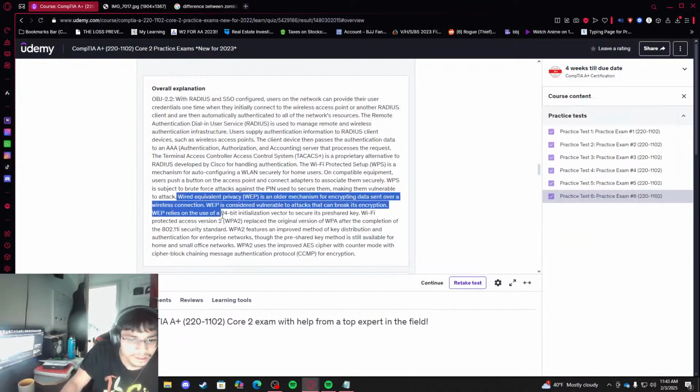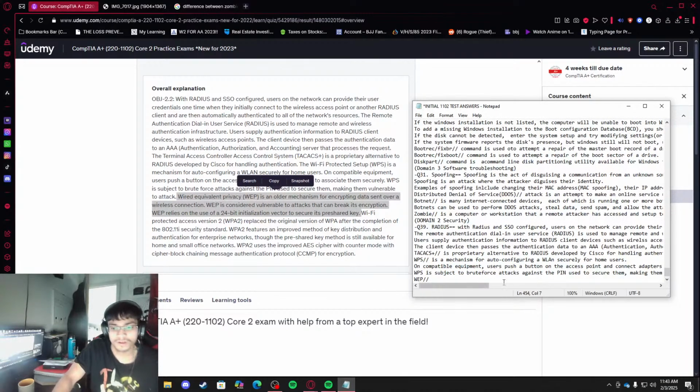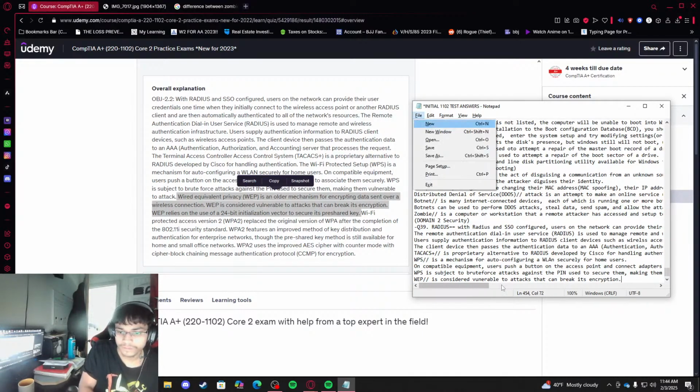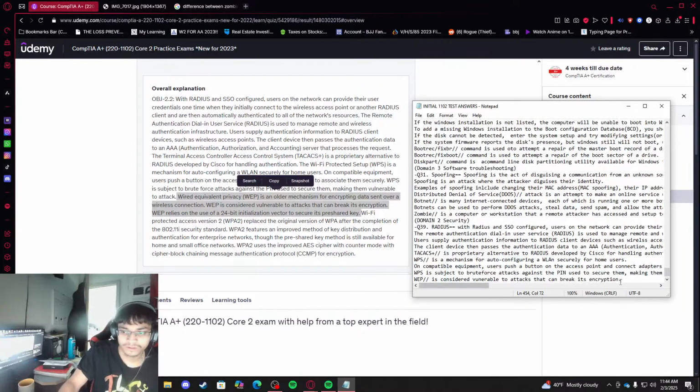Okay, so WPS uses an 8-digit PIN. This uses a 24-bit encryption, WEP. Yeah. Okay. Hold on. We'll save it right now, just in case we don't close it.